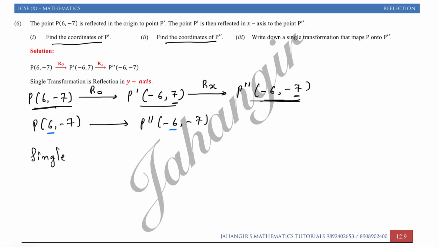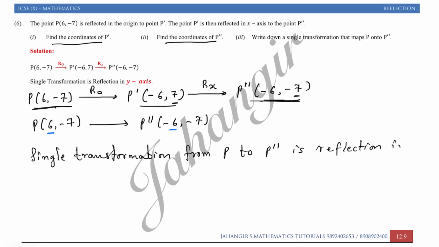This is a double transformation, first with origin and then with the x-axis. There are two transformations, but instead of two, if you have to jump from P to P double dash, what transformation will you do, that you have to write. Single transformation from P to P double dash is reflection in the y-axis.